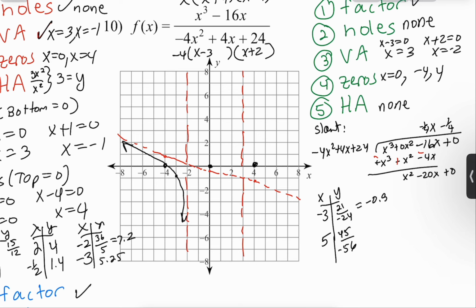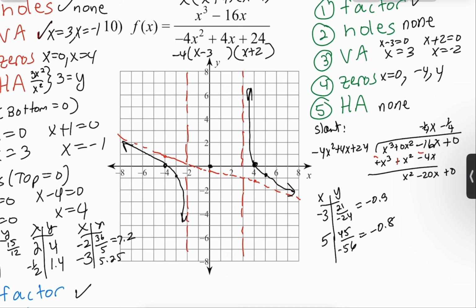And then that's really close to negative 0.8. So see how these two pieces do follow the asymptotes. The only thing, the middle can kind of always do its own thing. So I don't know, I need something over here. So does it go up or does it go down or what's it do?